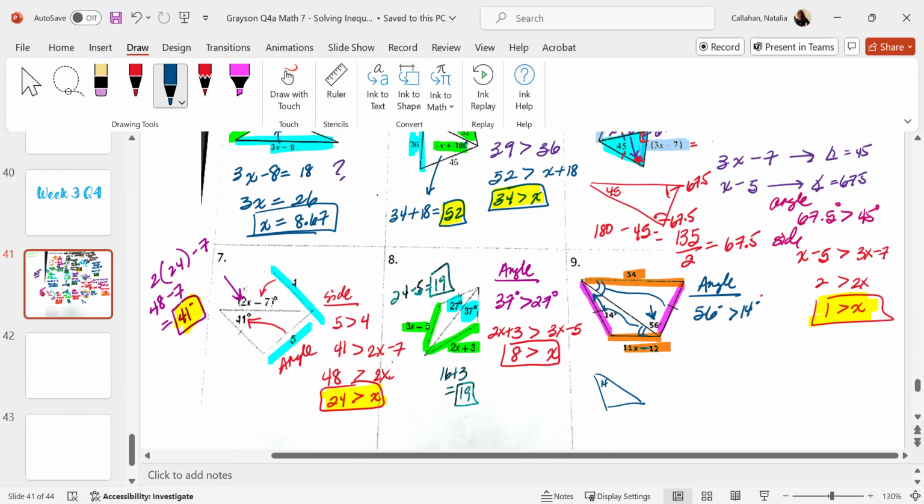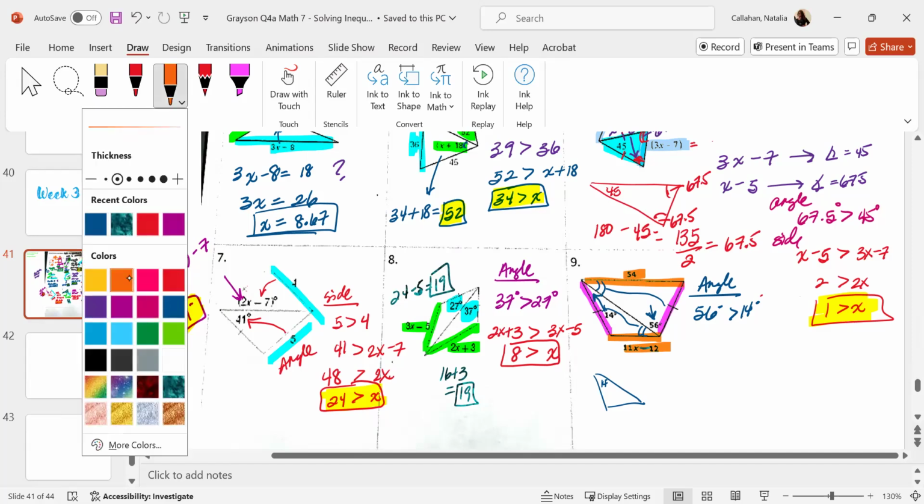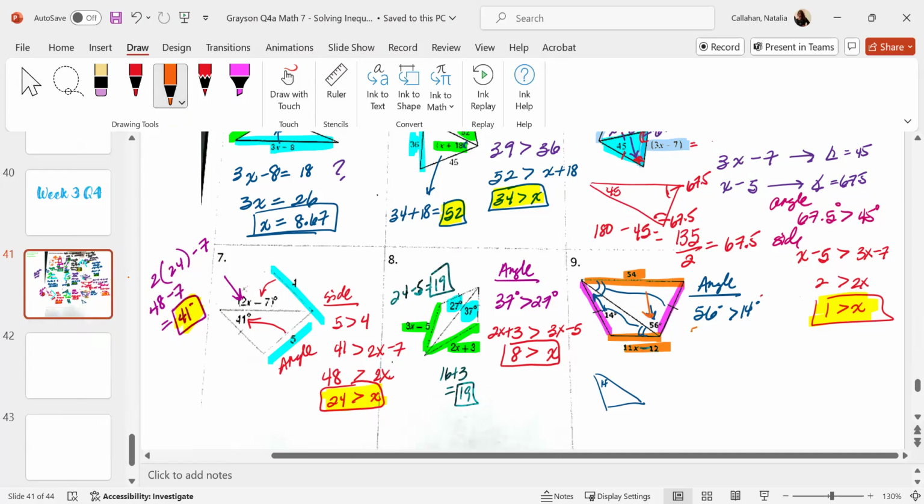So write that down. Opposite of 56 is 11x minus 12, and opposite of 14 is 54, correct? I'm sorry, 54 is greater than 11x minus 12, right? Now let's go ahead and solve it.